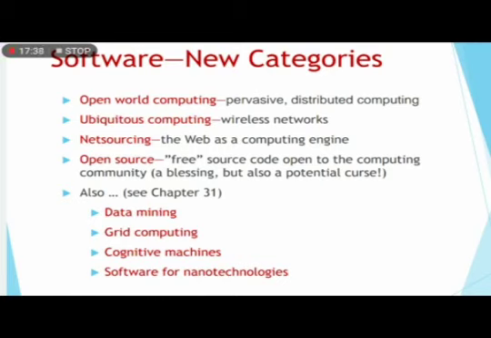Next one is net sourcing. The World Wide Web is rapidly becoming a computing engine as well as content provider. The challenge for software engineers is to architect simple, for example, personal financial planning, and sophisticated applications that provide benefits to targeted end user markets worldwide.